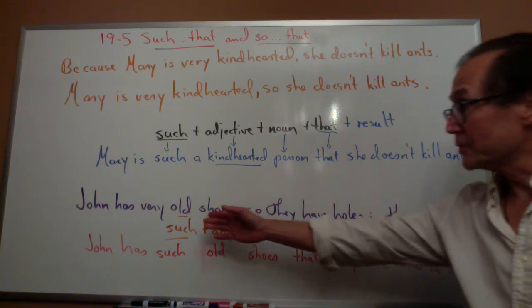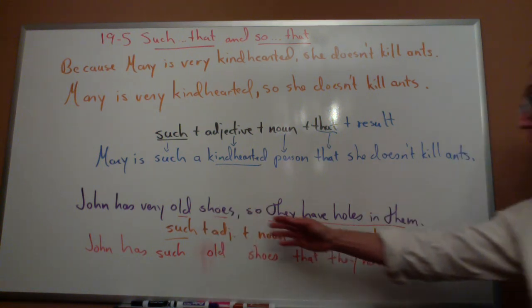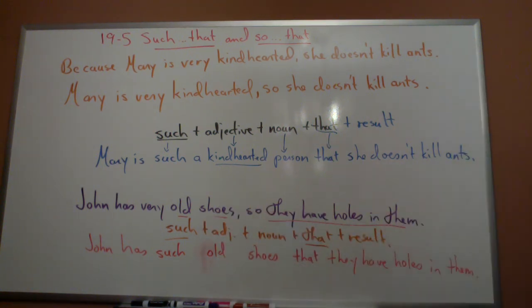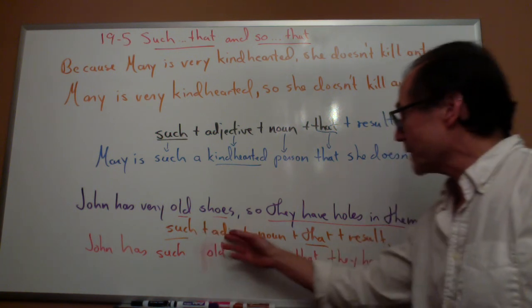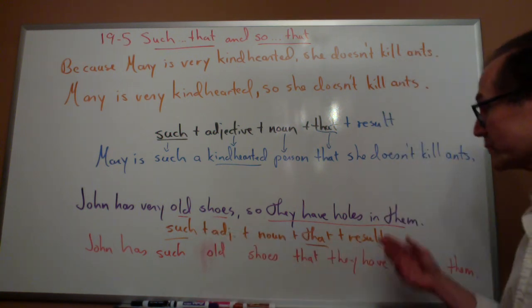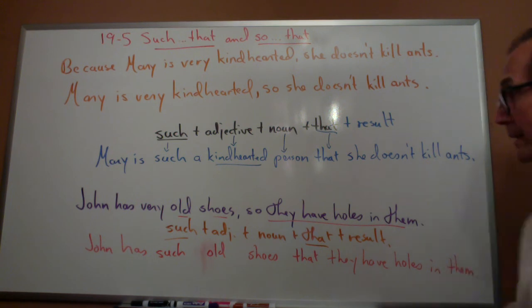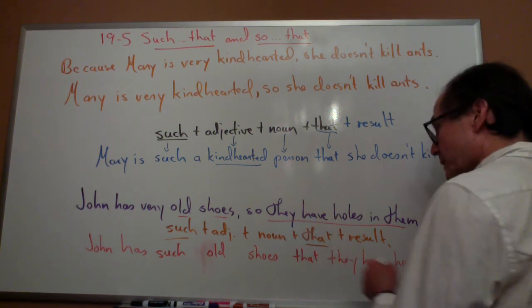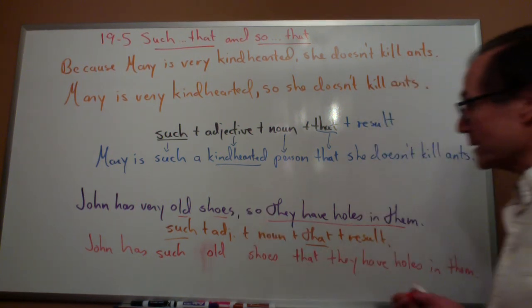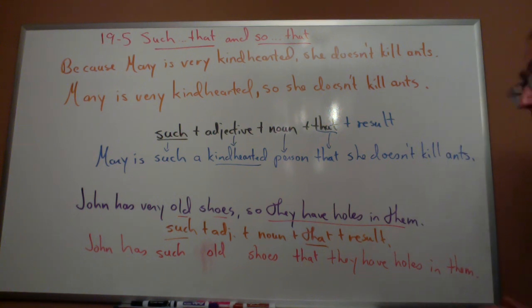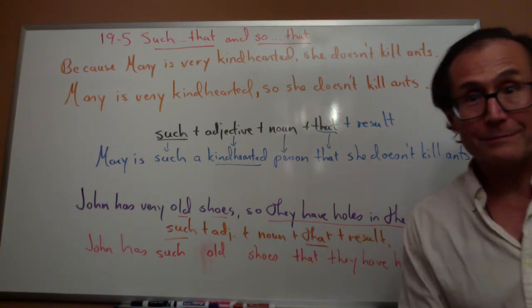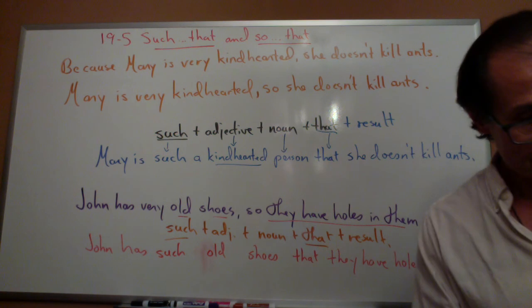So I could say, John has very old shoes, comma, so they have holes in them, or I can use such plus adjective plus noun plus that plus result to say the same thing. So I could say, John has such old shoes that they have holes in them. Okay.